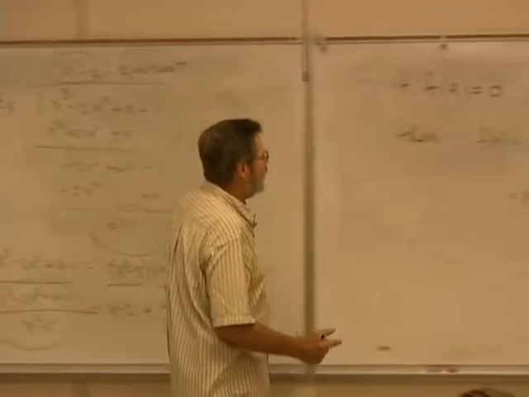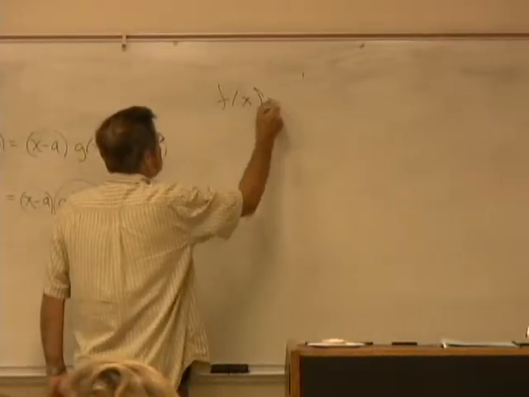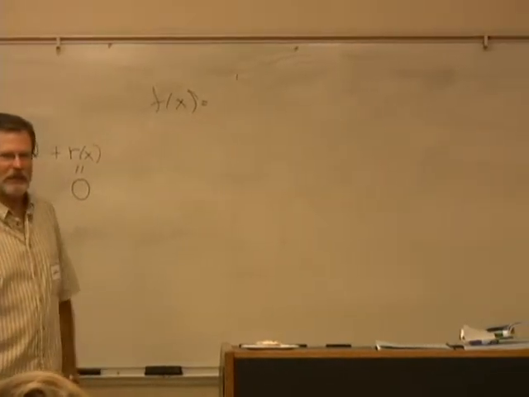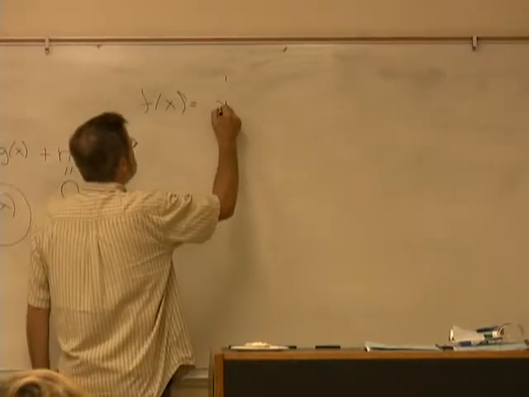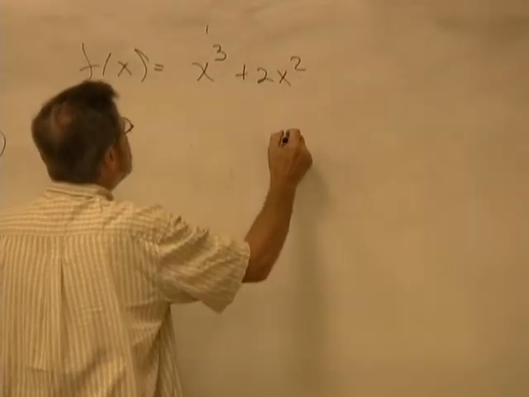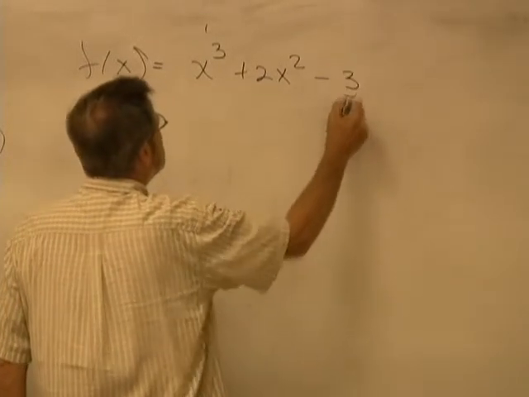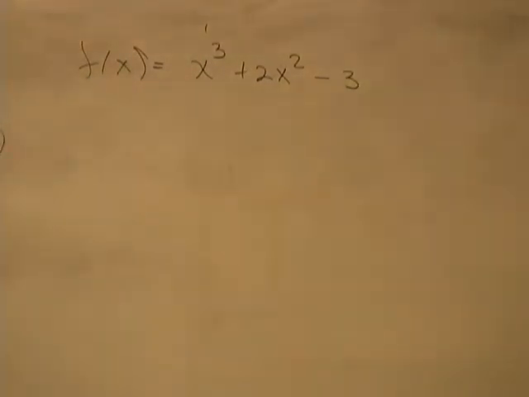Okay? And so, let me choose an example, at least one more. I may adjust this a little bit so I can tell what this one answer is. So here's a polynomial of degree 3. All right.